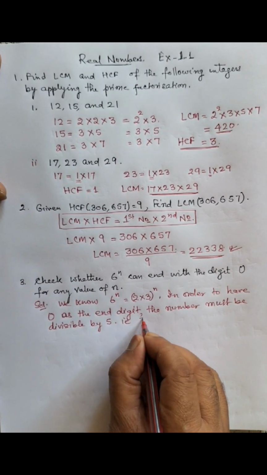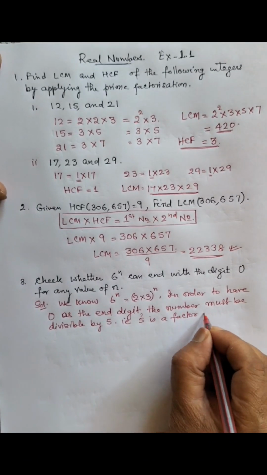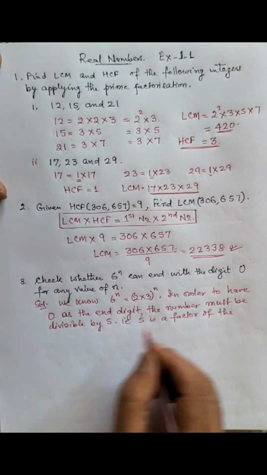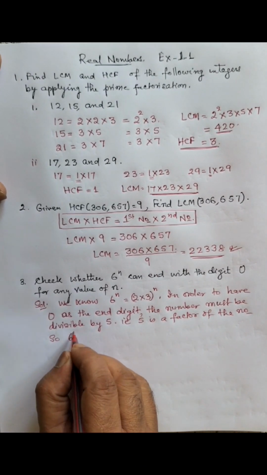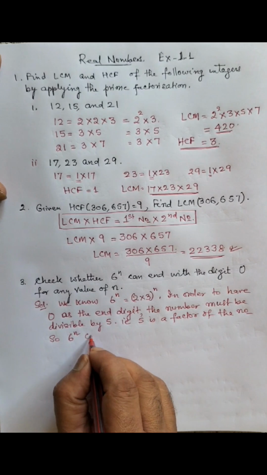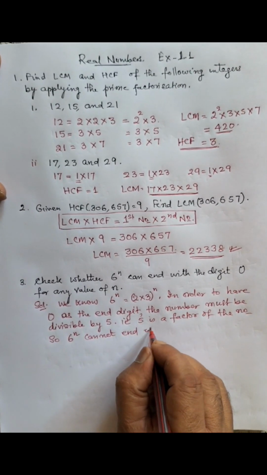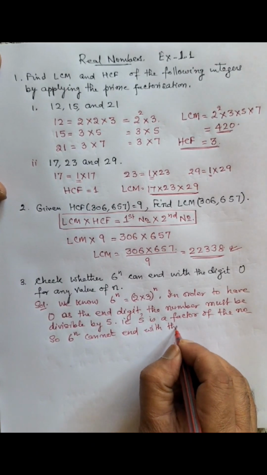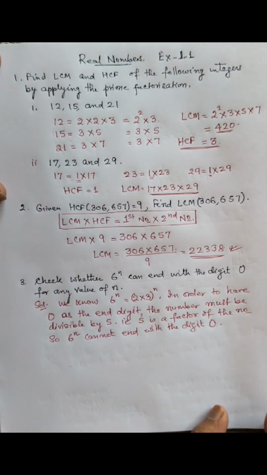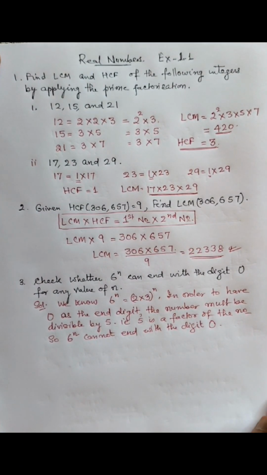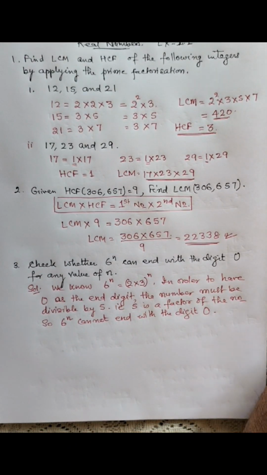That is, 5 is a factor of the number. So 6 raised to the power of n cannot end with the digit 0. So this is an explanatory question which can be put in application form.